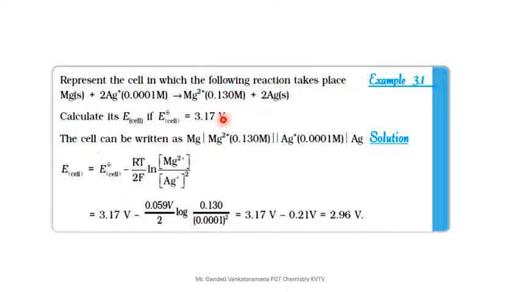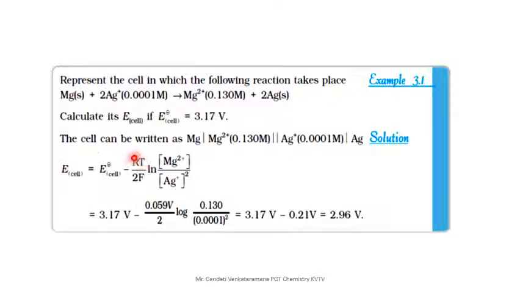So when you see this type of reaction, where some numbers are there in brackets, concentrations, immediately you are supposed to write the Nernst equation. Clear? So this is the Nernst equation. E cell equal to E naught cell minus RT by nF. It is better to substitute this value, 0.059, directly.